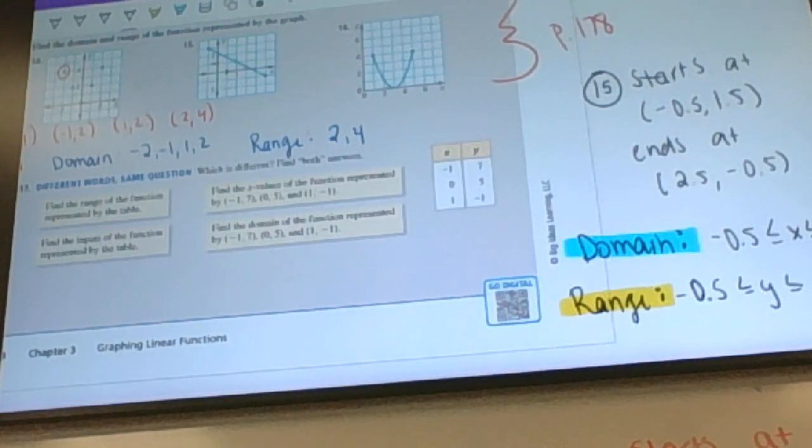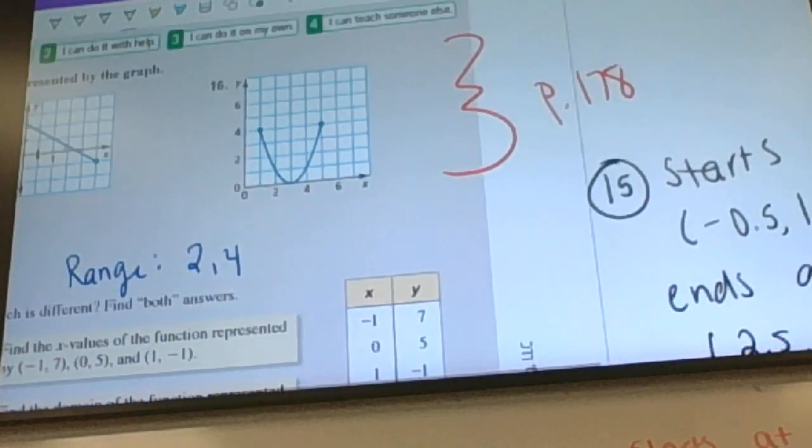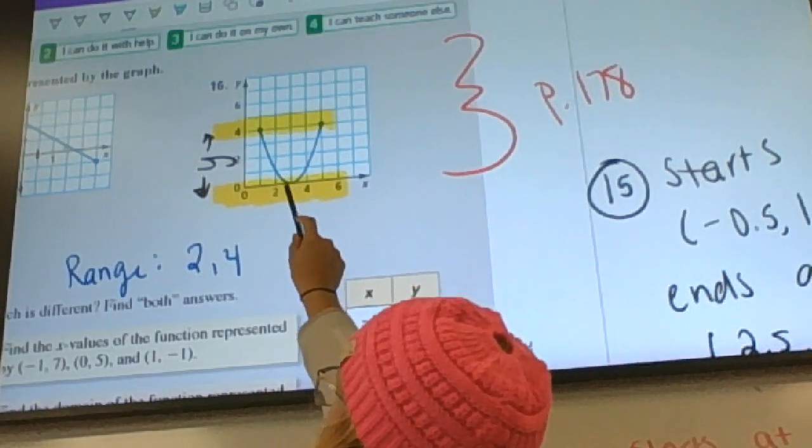What does y go through? Y starts at 0 and goes through 4. Where did I get 0 and 4 from? Does anybody see 0 and 4? Okay, so when I look at the y-axis, this is the highest point and this is the lowest point. So the y is everything in between. You see that? On the y-axis, it goes from 0 to 4.